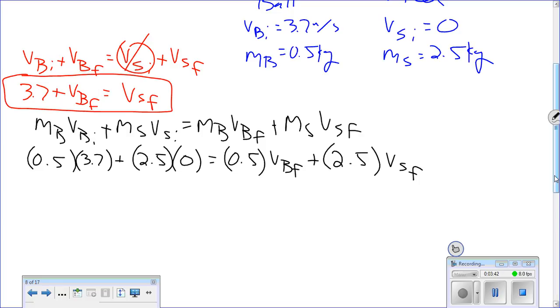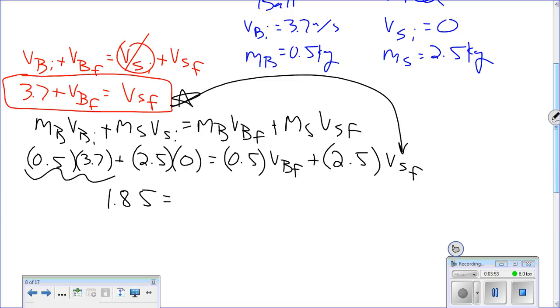So now what I'm going to do is substitute this into here. So this whole mess gives half of 3.7, which is 1.85, equals 0.5 times the velocity of the ball final plus 2.5 times 3.7 plus the velocity of the ball final.